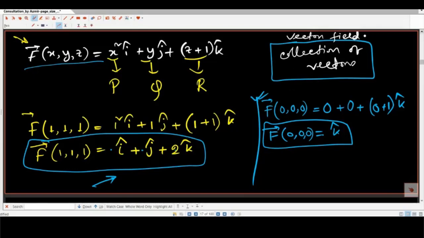So vector field is also known as force field, since the concept of force is coming. So that's why we denote vector field as F. So the letter F is used as vector field or force field.